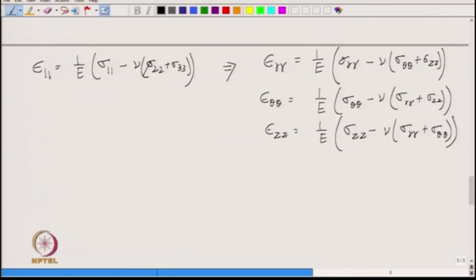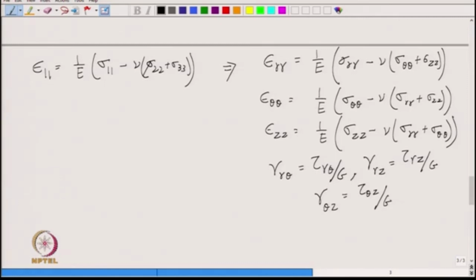And then for the shear strains, so gamma r theta is tau r theta by G, gamma r z equals tau r z by G, and finally gamma theta z is tau theta z by G. Okay.